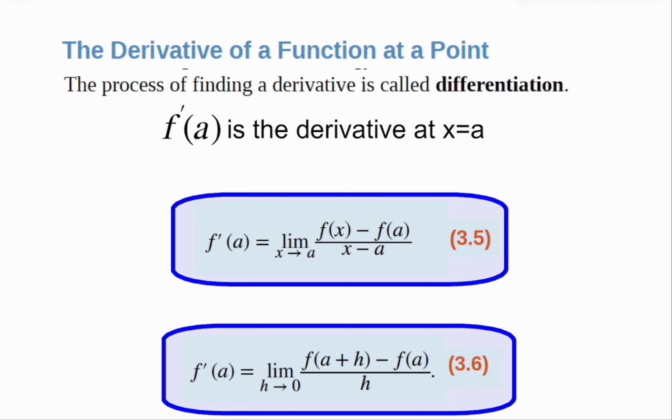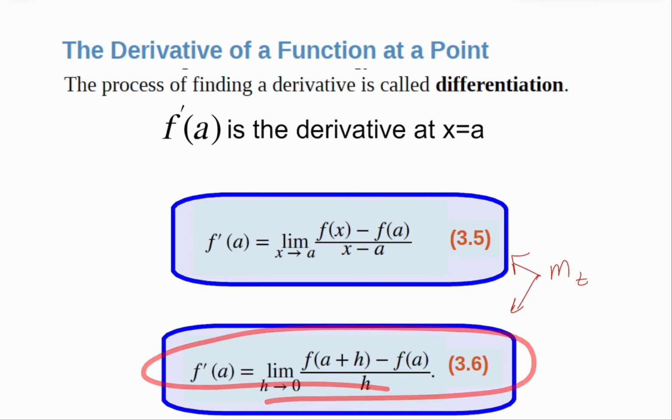Now both of these are formulas for the slope of the tangent, so you will see that both of those formulas are used. Most of the time we're going to rely on the difference quotient one, because this one doesn't always work well with some functions. Sometimes it works well for polynomials because you're able to factor them, but for other functions I would definitely stick with 3.6.